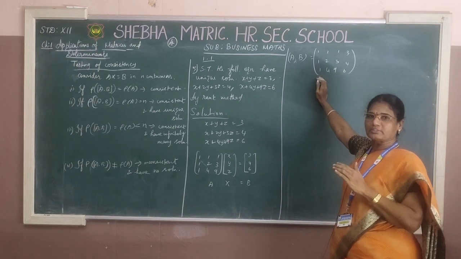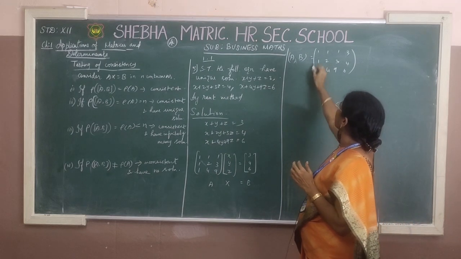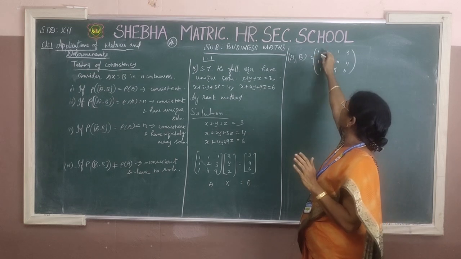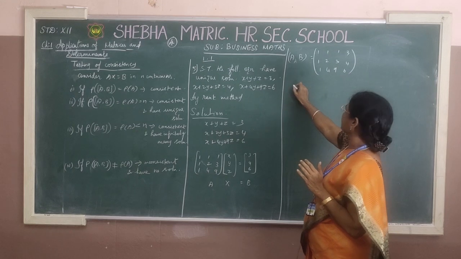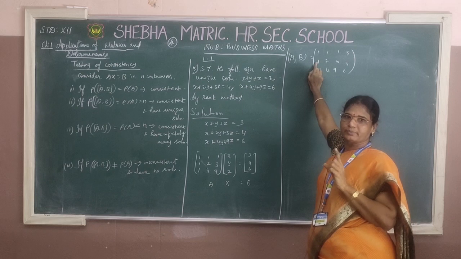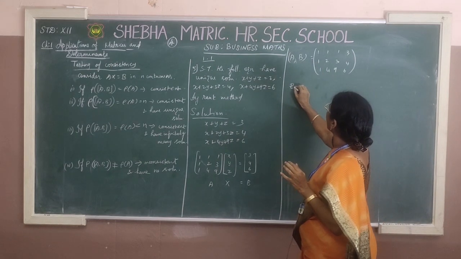How to transform this? We already saw. Listen, first check whether the first element is 1 or not. It is 1, so it is very easy to do the sum. Next we have to change the next row's first element to 0. How to change this?